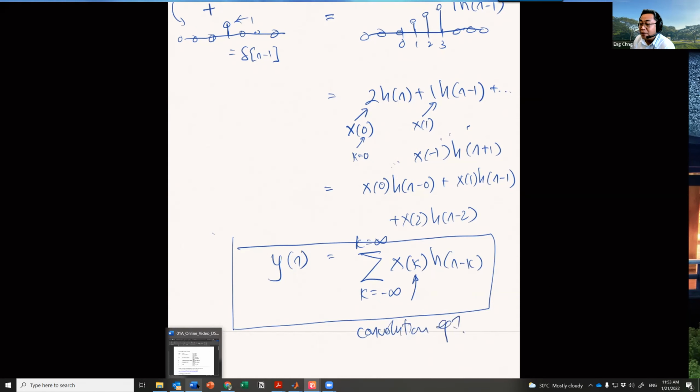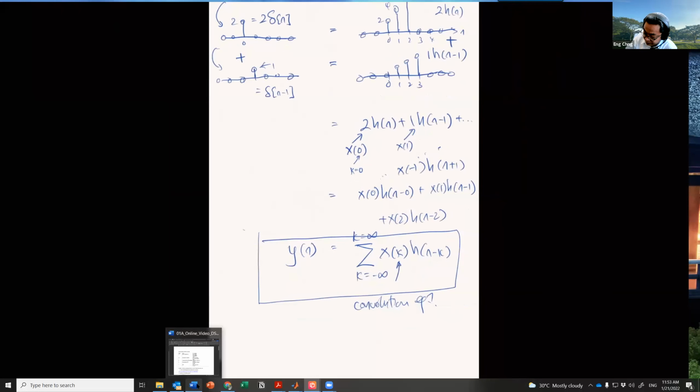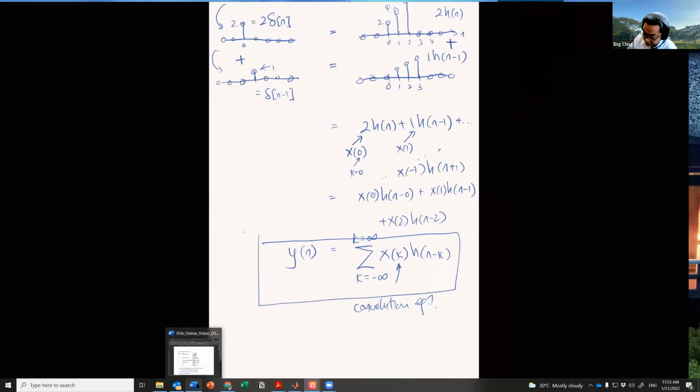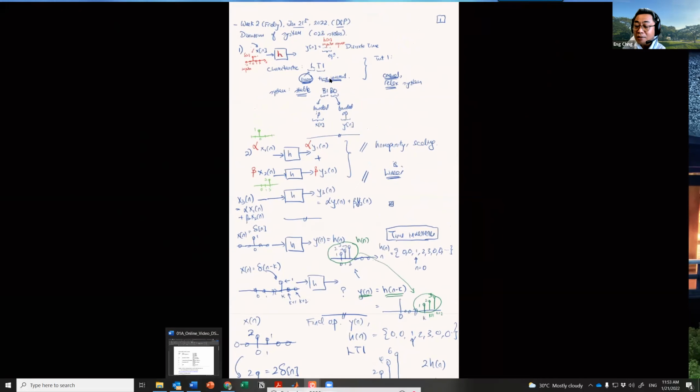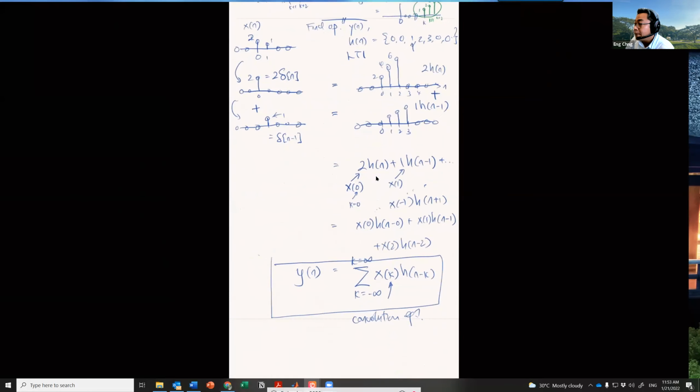Right, so in about 20 minutes, we derived from first principle the convolution equation only by understanding the words linear and time invariant, using these two properties, and we get this equation. So what's so cool about this is that from now on, once you know the input, once you know h of n, you can derive y of n.